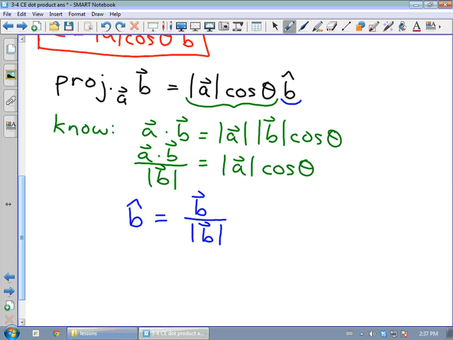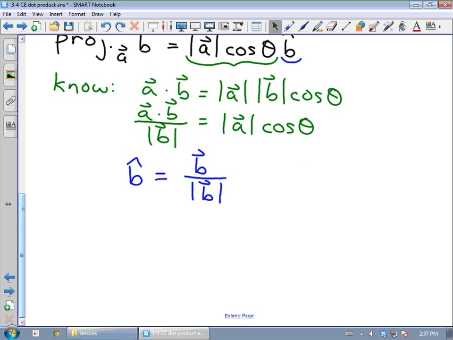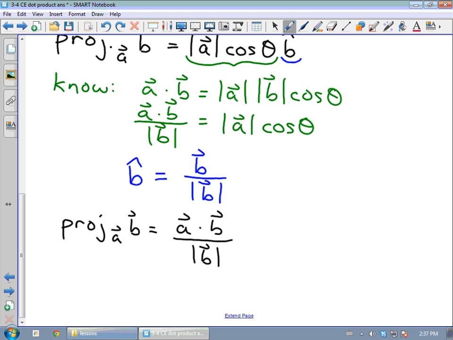So we can take this expression, sub it in here, and this expression, sub it in right there, and get a new formula for the projection of A onto B. The projection of A onto B is going to be, instead of A cos theta, A dot B divided by the magnitude of B. And instead of B hat, we're going to have vector B divided by the magnitude of B.